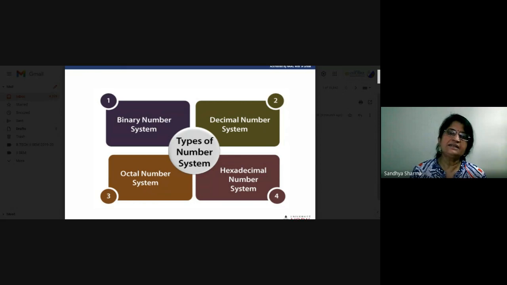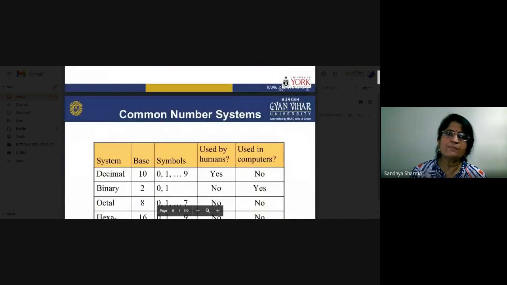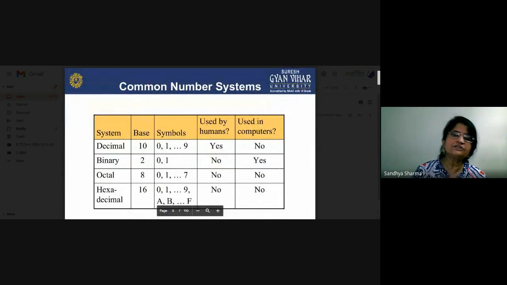One by one, we will study the characteristics of each number system, and after that, we will see how we convert one number system into another. First of all, we will see the common number systems and their applications.